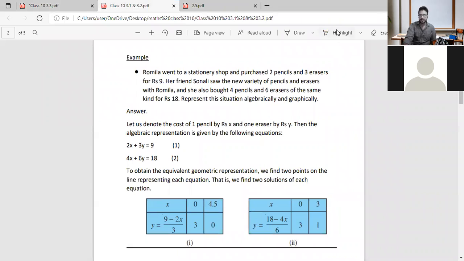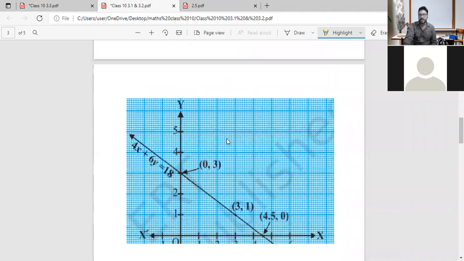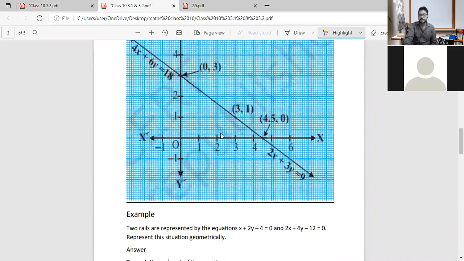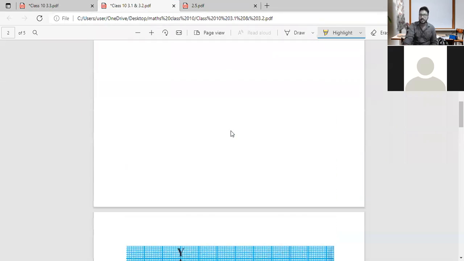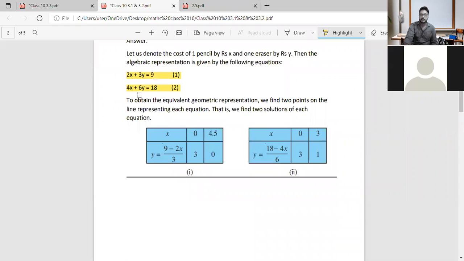Here, you can consider these equations. Yesterday also when I showed the graph, some of you had already told me that, sir, actually these two equations are the same, because whenever we take 2 common from the second equation, it is equal to the first equation.